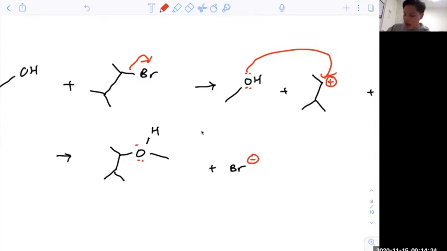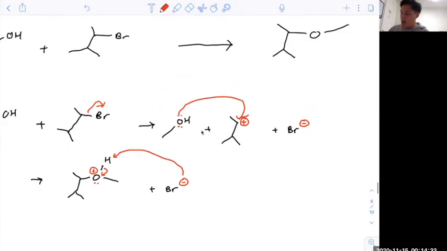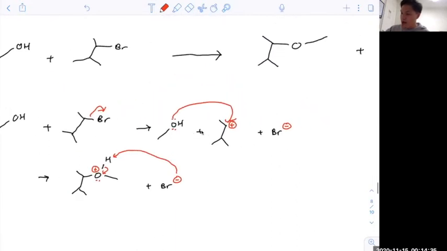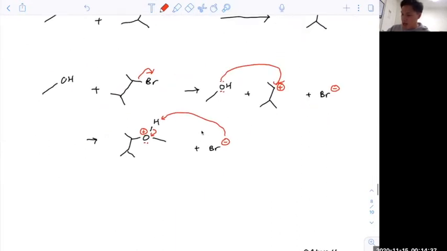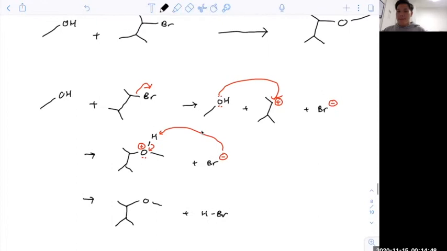So it's positive. But we have an acidic hydrogen right there on top of the O. We can just grab it. This one goes there. And we get the top product right there, which is this, plus HBr, right?